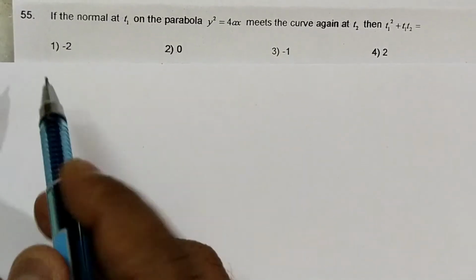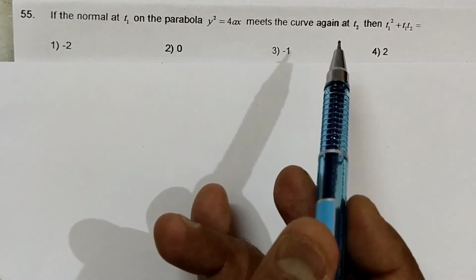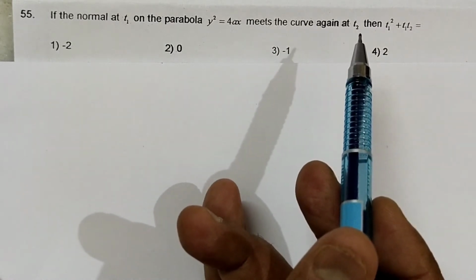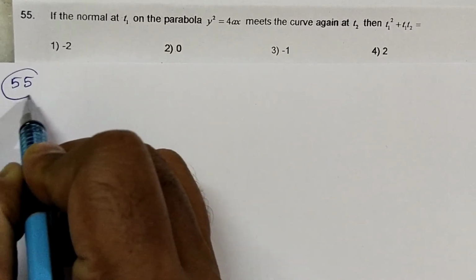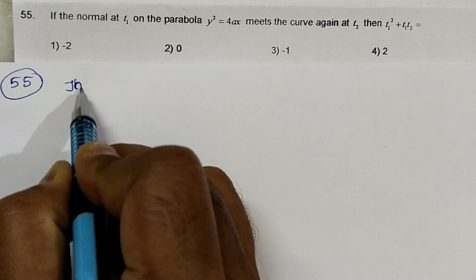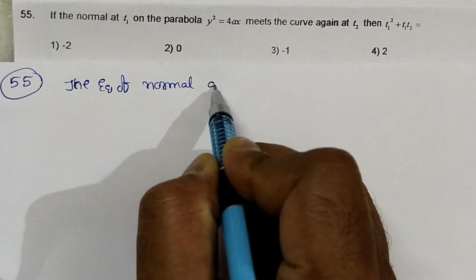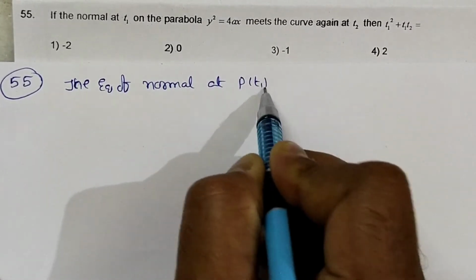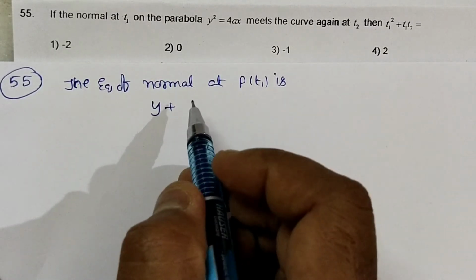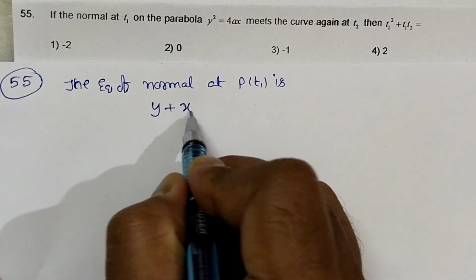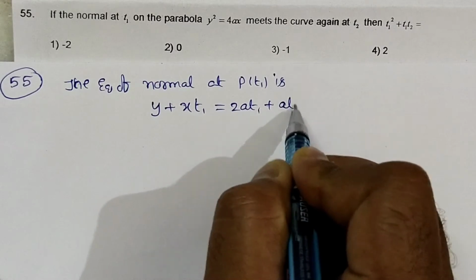Next, question number 55. If the normal at t1 on the parabola meets the curve again at t2, then t1 square plus t1 t2 equal to what. The equation of the normal at P of t1 is y plus x t1 equal to 2a t1 plus a t1 cube.